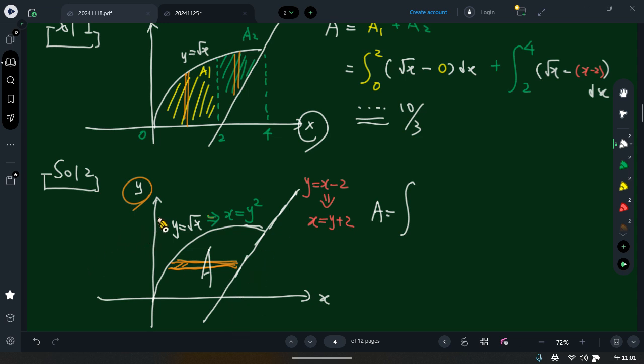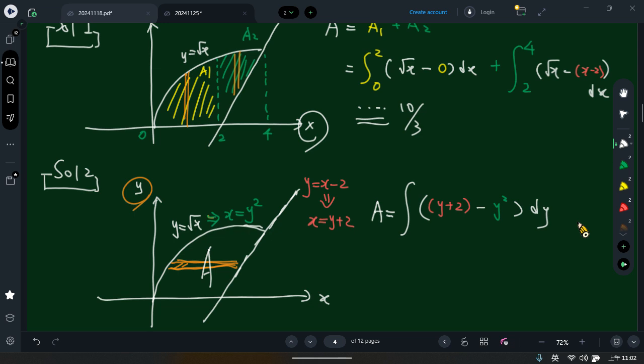You can just try to look at this curve from the angle of y. So this curve is higher than this curve. Let me just repeat again. This red curve is higher than the white curve. So the result will be the upper part will be y plus 2 minus the lower part y squared, then dy.